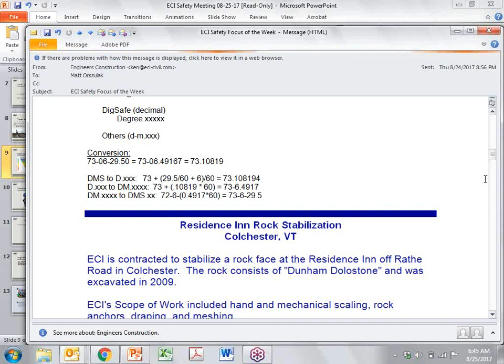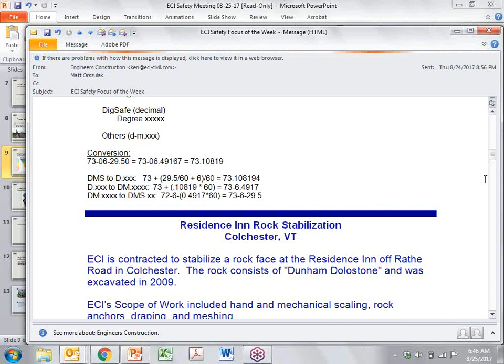And to get to the decimal form in degrees and minutes, you take that remaining portion. After you take away 73, the 0.1089, multiply it by 60, and you get 73 degrees, 6.49 minutes. And then for the degrees, minutes, seconds to the seconds decimal format, you take that decimal form and multiply that out by 60 again.